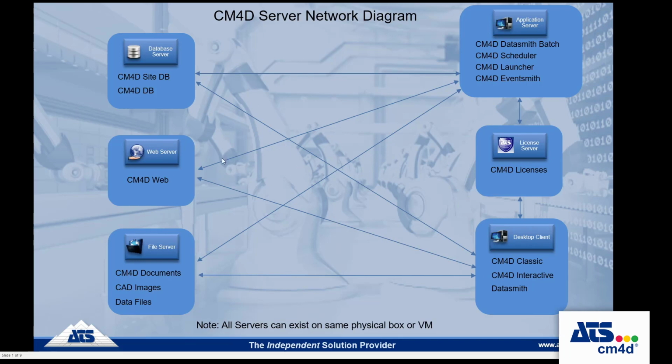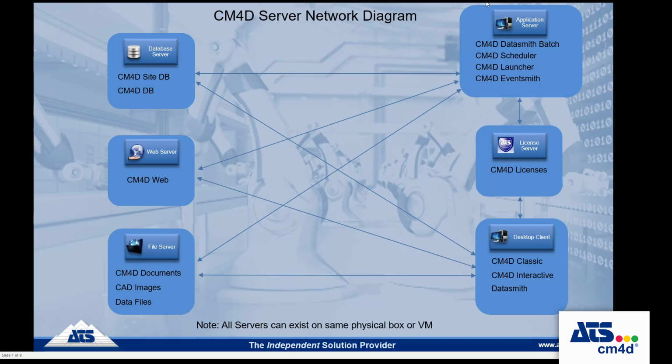From an IT standpoint, this illustration shows the relation between different servers that can exist for different groups of the applications. All of this can exist on one server. That would be the simplest setup, but we're also illustrating if different elements were on different physical computers or servers, what the setup would look like here.